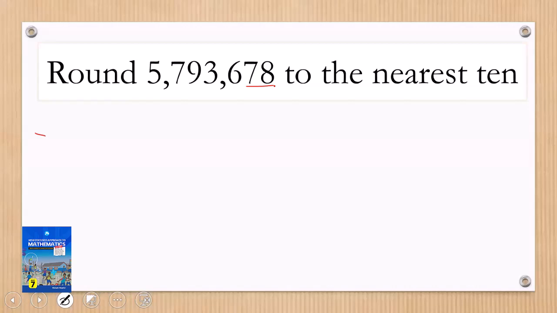When we talk about the nearest 10, we are talking about whether it is closer to 10 or 20 or 30. It means our last digit will be 10, 20, 30, 40, 50, 60, 70, 80, or 90. So our 10 will be on 78.